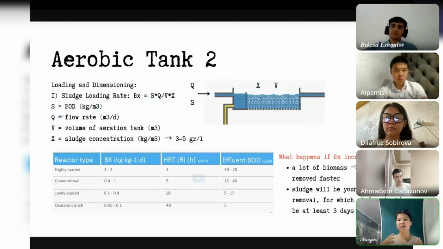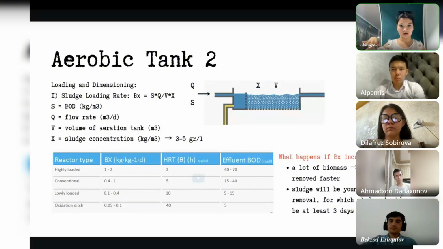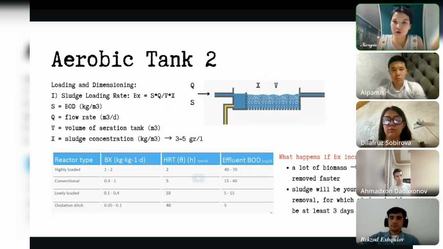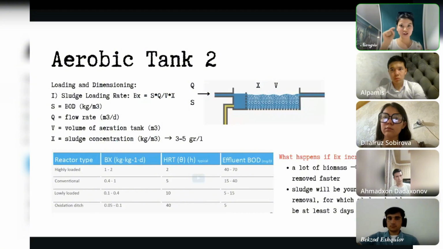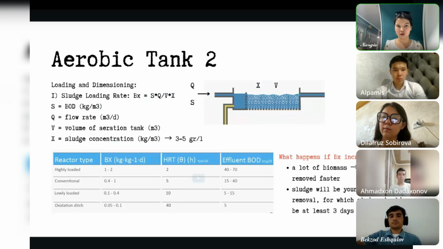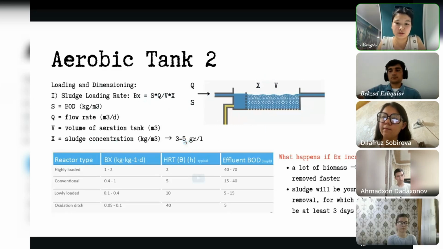S is the organic waste that is coming to the aeration tank, and it's expressed as BOD. The Q is the flow rate of the wastewater. The V is the volume of the aeration tank that we want to find, and X is sludge concentration. The sludge is our bacteria. So X is the concentration of the bacteria inside of the aeration tank, and usually it should be from 3 to 5 grams per liter.